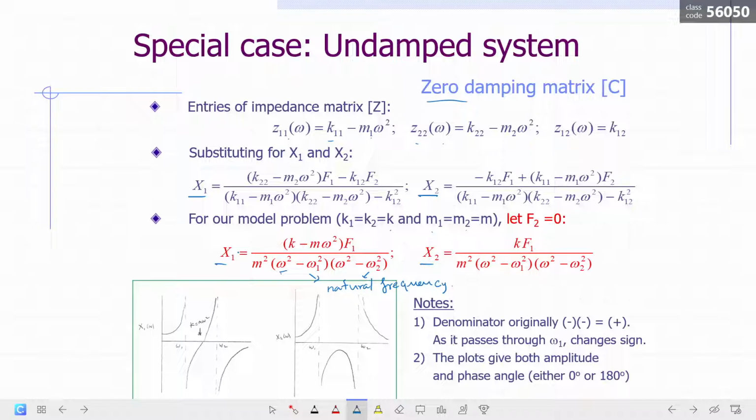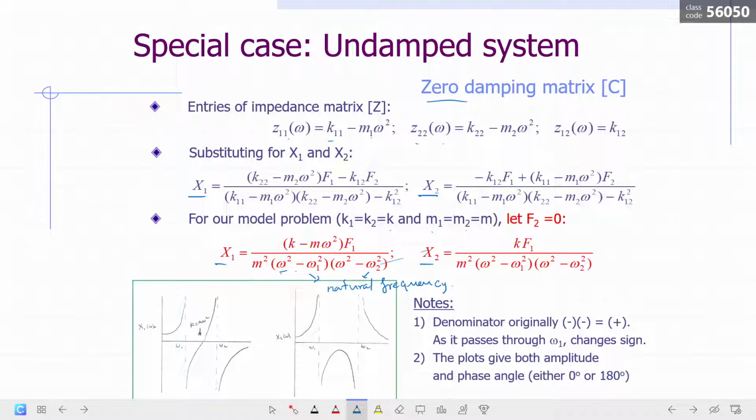This is called resonance. You have seen it when we analyzed the 1 degree of freedom system. Same thing, but for 2 degrees of freedom, your system has two natural frequencies. So when the forcing frequency approaches any of the natural frequencies, you have resonance. And in this case, resonance is bad because the amplitude of vibration grows.